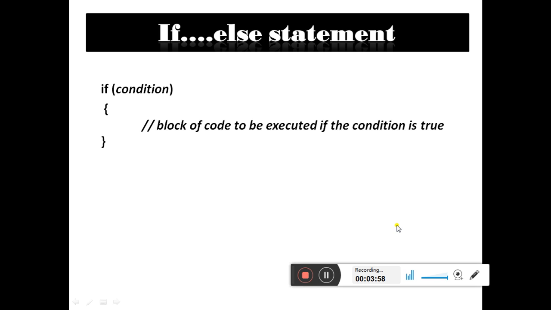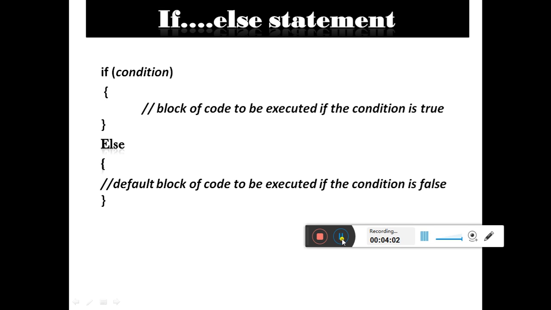Now see the if-else statement. This is the syntax of the if-else statement, where the first one is the if condition. If is a keyword which is used to check the condition. The condition will return a boolean value, that is true or false.